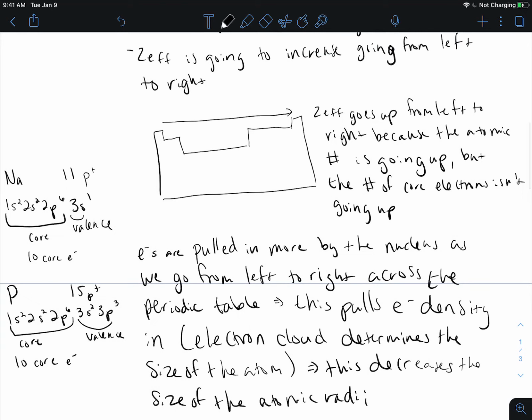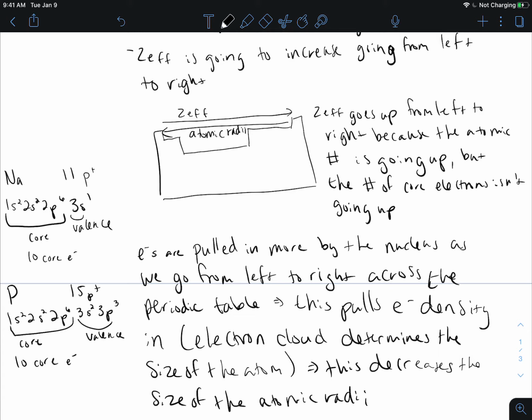So as we go across, our Z effective increases, but as we go across, our atomic radii decreases.